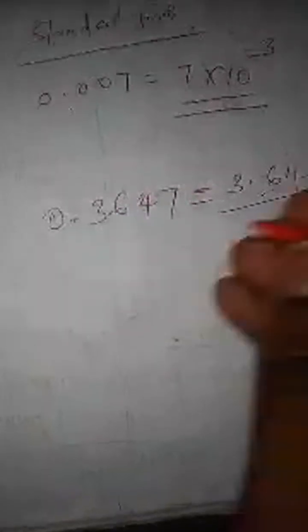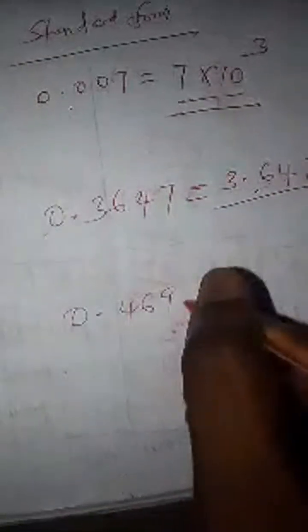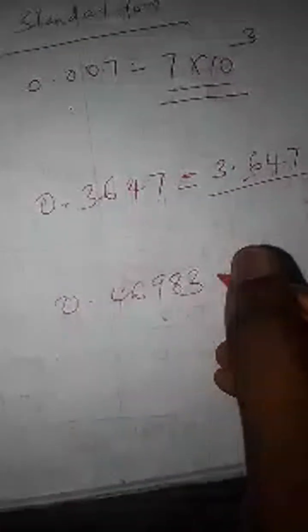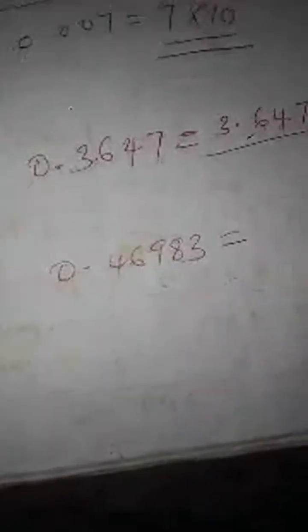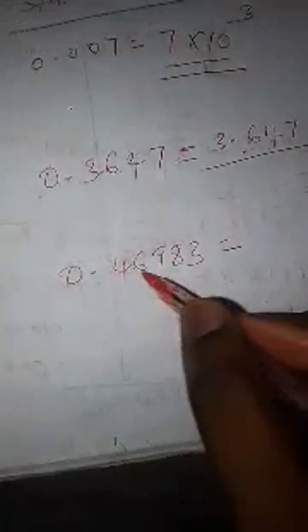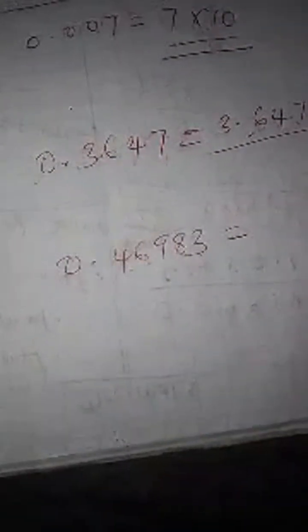Okay, let's write this one into a standard form. 0.46983 into a standard form. What shall be the answer? How will we get it?